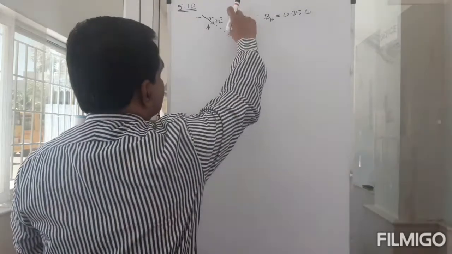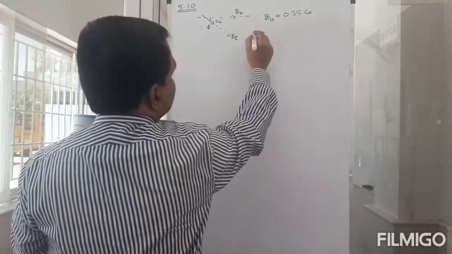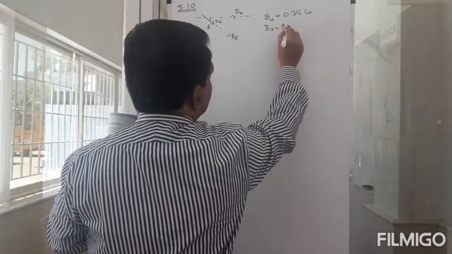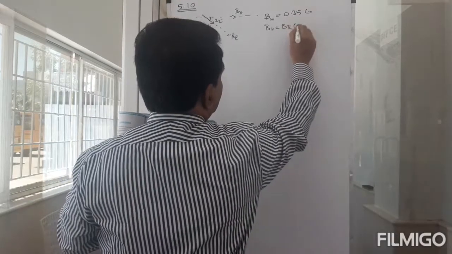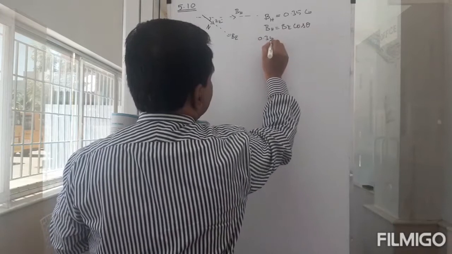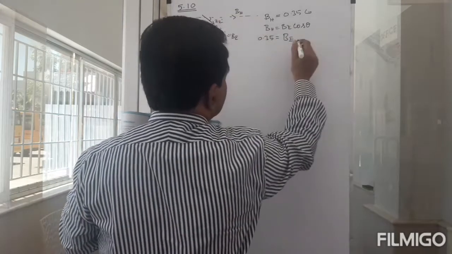And what is BH? BH is actually BE cos theta. So BH is equal to BE cos theta, so 0.35 is equal to BE cos 22 degrees.